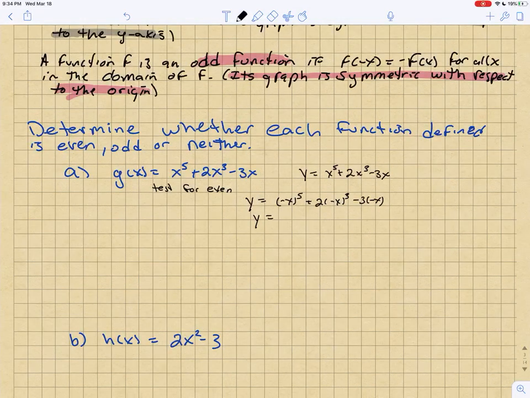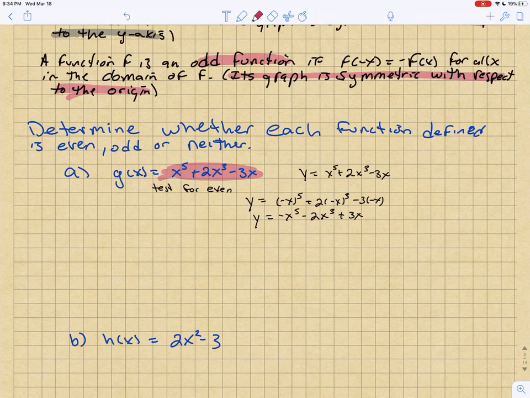I get y is equal to, when I process that, an odd power of negative values gives negative values. Negative x, when I cube that, gives a minus 2x cubed, good. Negative times negative is positive 3x. My goal is to get this function.